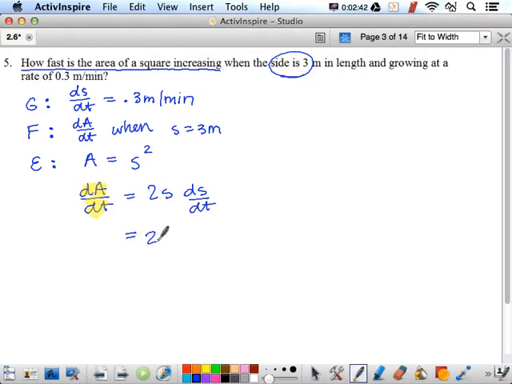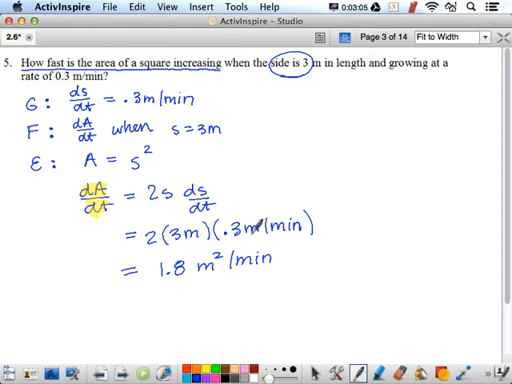So we have s is 3 meters, and ds dt is 0.3 meters per minute, and that will make what? 1.8. What will my units be? Square meters per minute. And if you put them in, you should be able to track them.